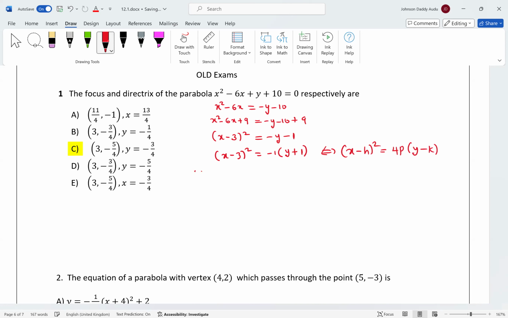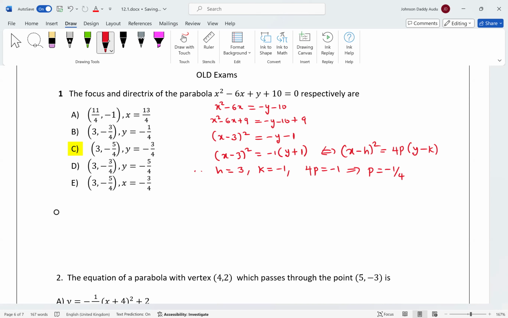And this means that h is equal to 3, k is going to be minus 1, and 4p is equal to minus 1, which implies that p is minus 1 over 4.